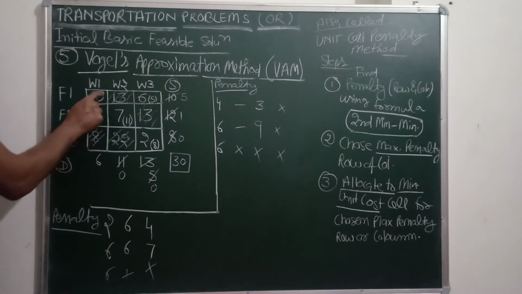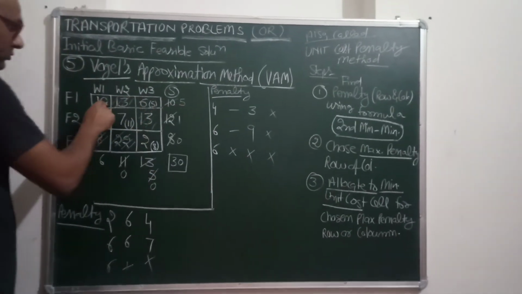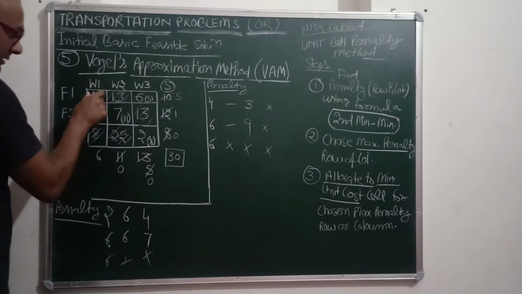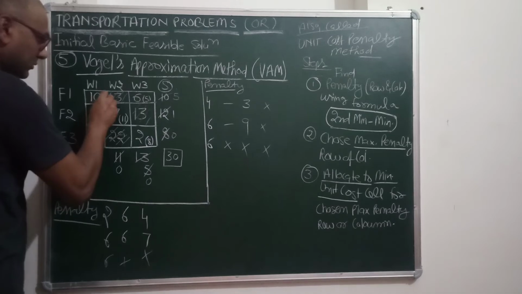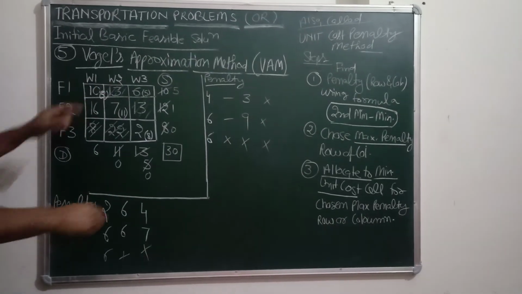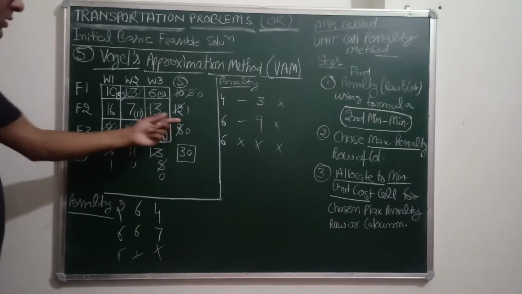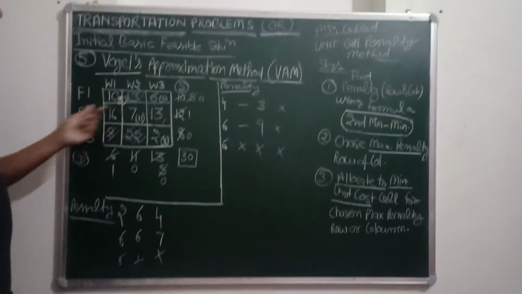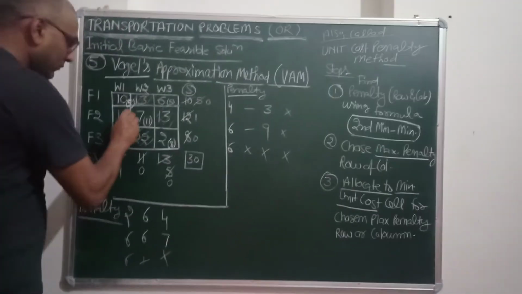Okay, so starting from the minimum value of unit cost, we have to make allocation. So 5 is the supply and 6 is the demand, so we will make an allocation of 5 here. Okay, so this will become 0 and this will remain as 1.